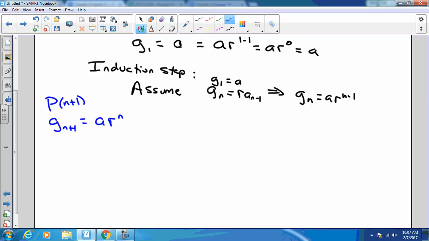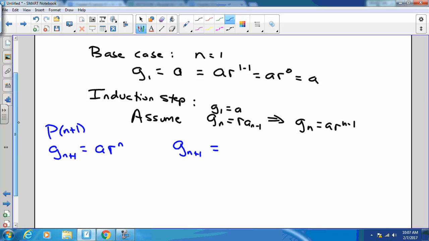And I'm going to now prove that this conclusion is true, given this assumption, by starting at the left-hand side and getting it to be equal to the right-hand side. So we're going to start with the left-hand side. G sub n plus 1 equals. And now I'm going to rewrite G sub n plus 1 using the things that I have been given. The first thing is this guy right here.